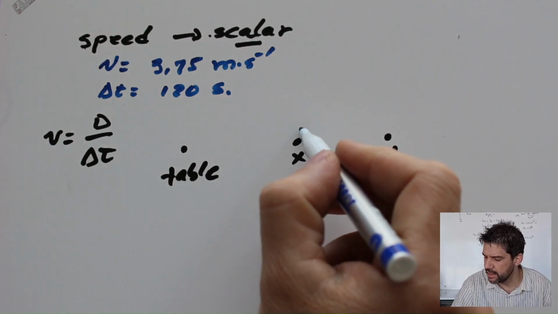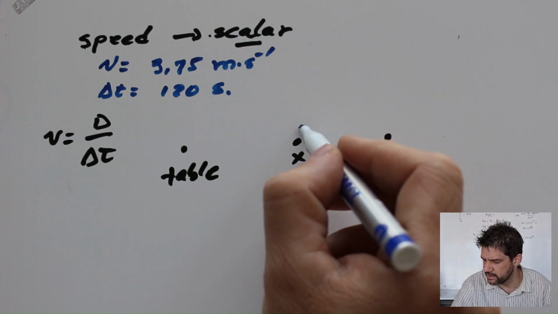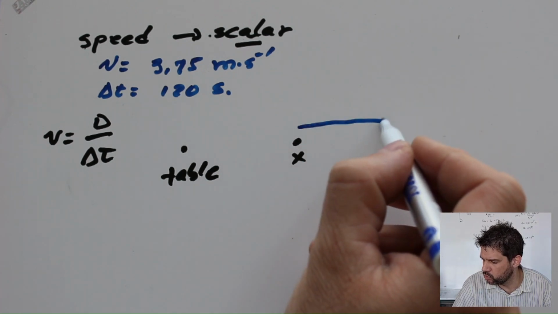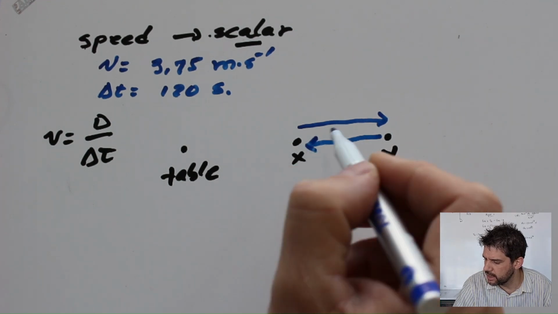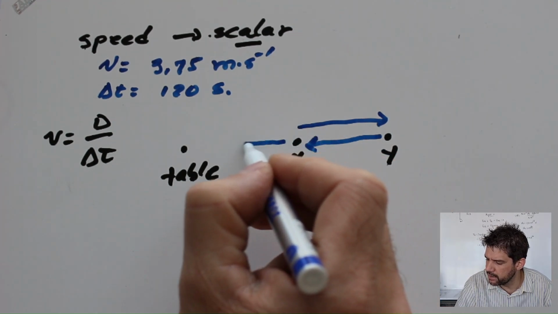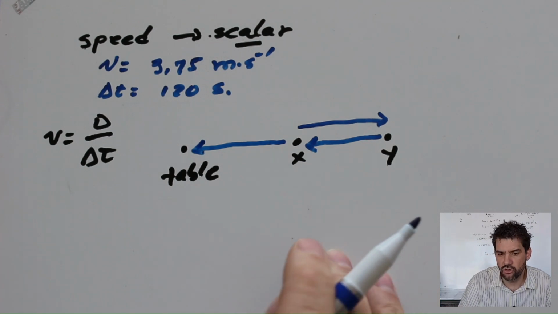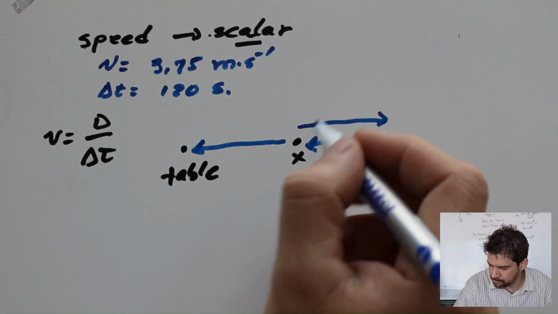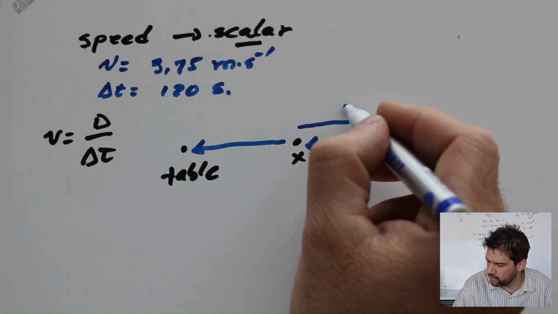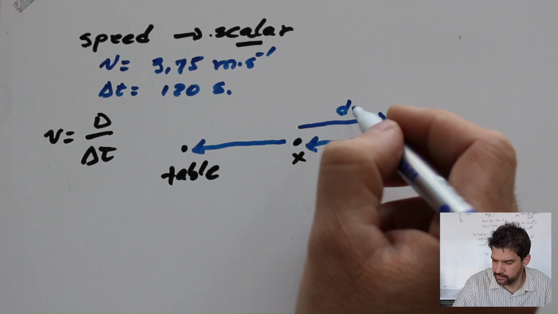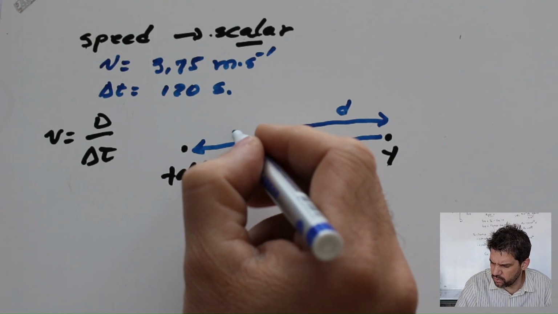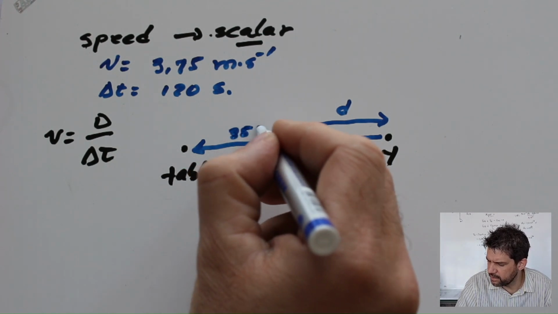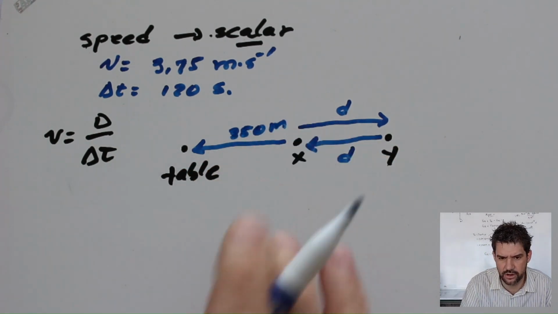So for distance, this object goes all the way to Y, all the way to X, all the way to the table. So the distance will be the addition of, let's call this one D, this one is also D, and this one, for instance, 350, because you know that number.